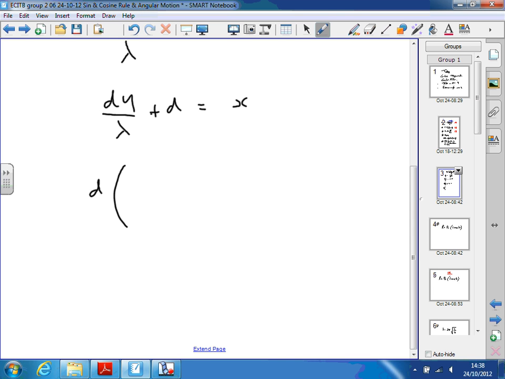What have I got to multiply d by to get y times d over lambda? Y over lambda. So times that by d, I get y times d over lambda. What have I got to times d by to get d? 1. equals x.